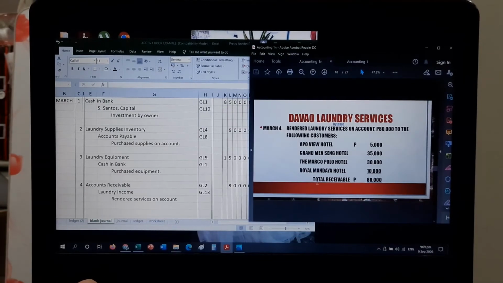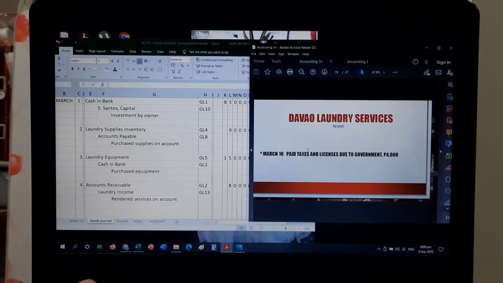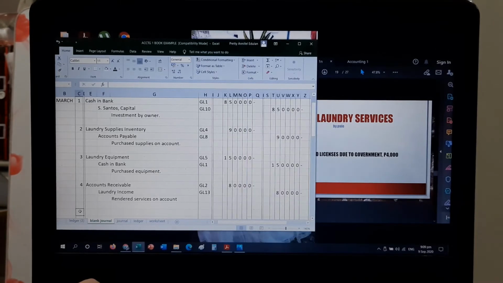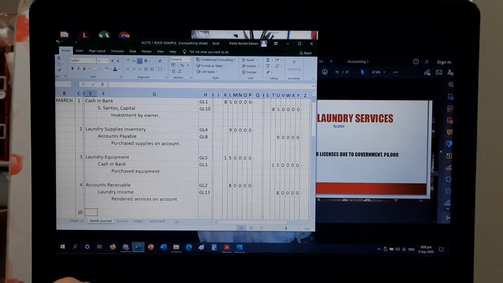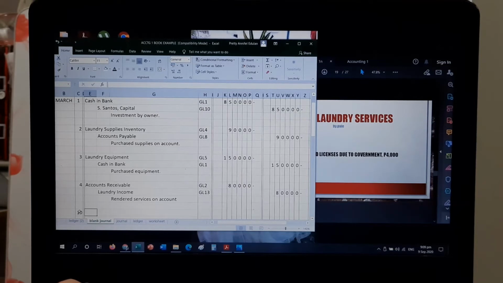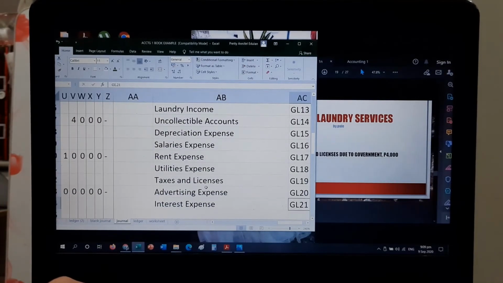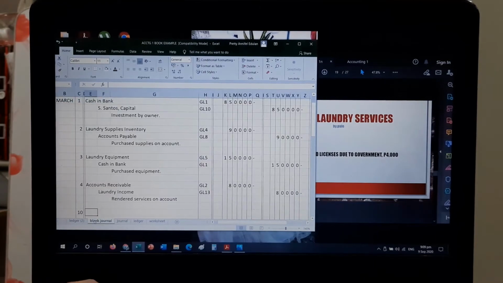Next transaction, March 10, paid taxes and licenses due to the government. So why is it a debit? Take note that having a business is not a right, but a privilege. We are given the privilege by the government to open up our business. That's why expense is a debit. Then we have to pay for it. So what is the proper account title? That is taxes and licenses, GL19.